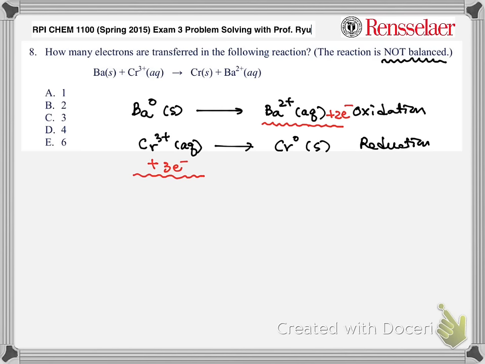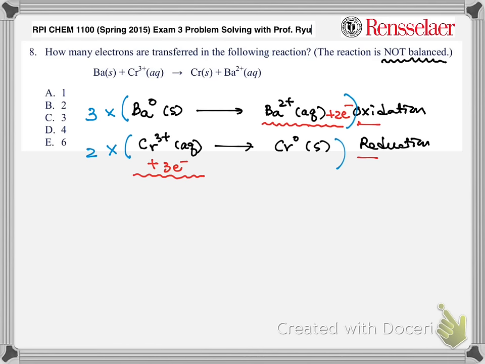Now we need to complete this, because for this redox reaction you need to add them up. You need to cancel out the electrons like we did before in many redox cases. So let's multiply this 2 electron case by 3, and this reduction case by 2.